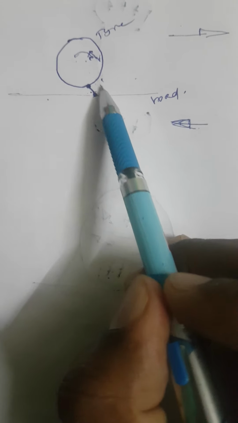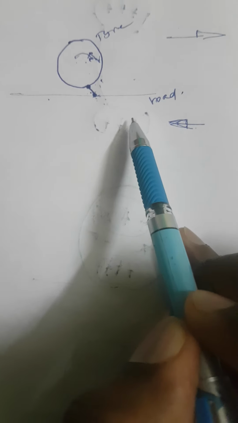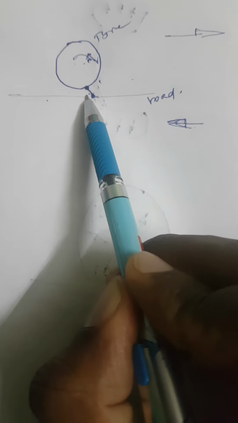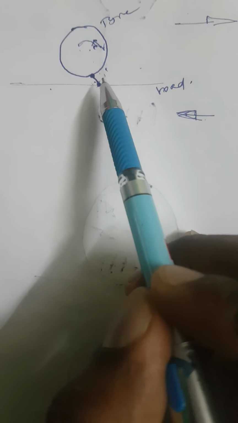I hope you can understand what I am saying. When the road is moving in this direction and the tire is rolling, and we apply the brakes, the tire will be stopped, actually locked, there is no rolling. The vehicle moves like this. So this point will get shear.